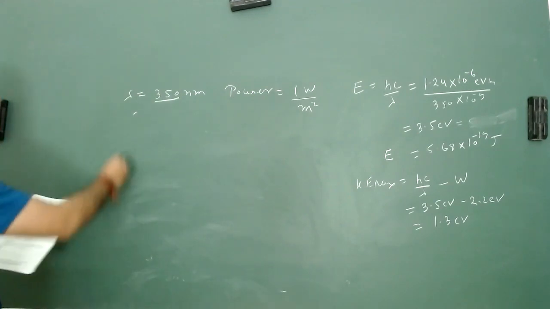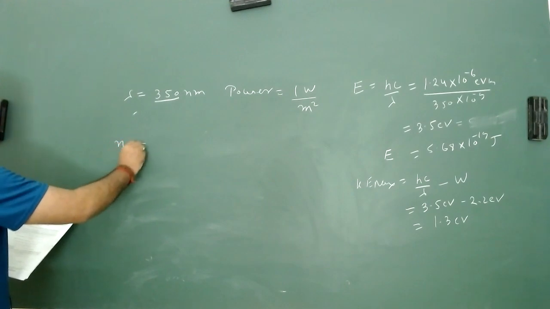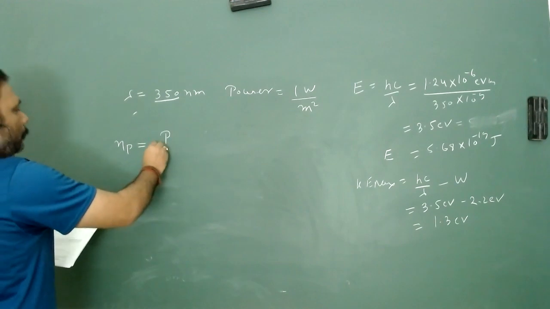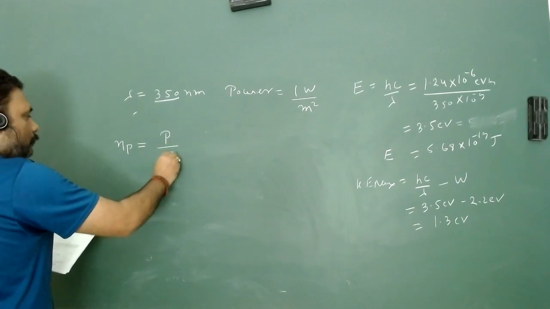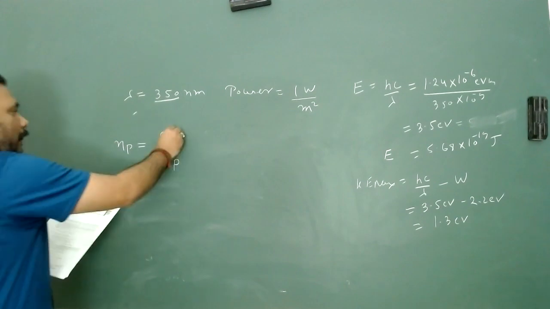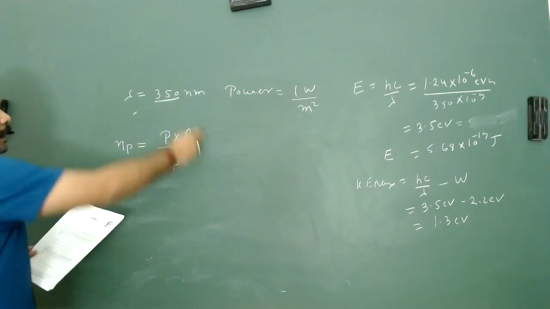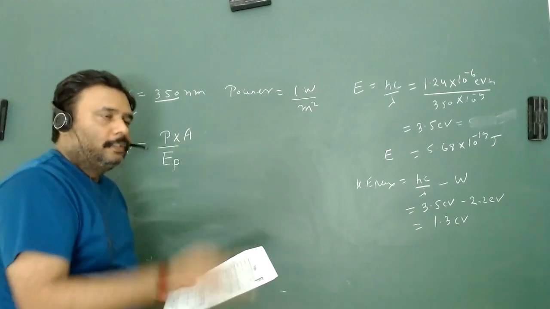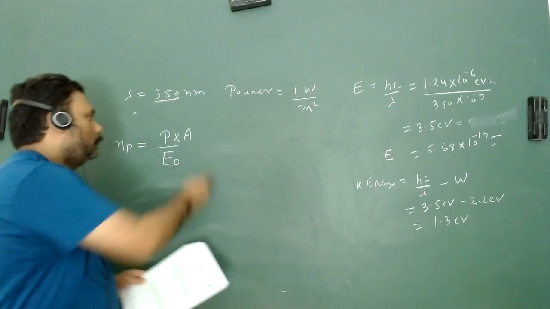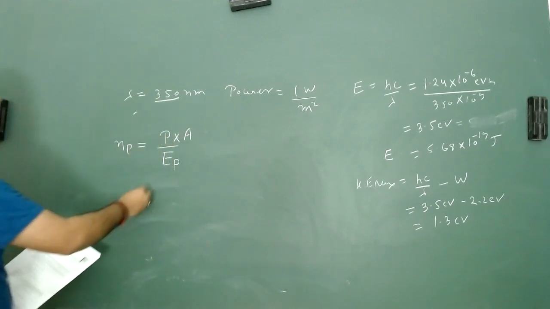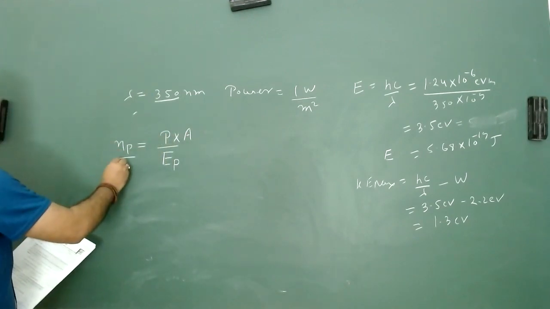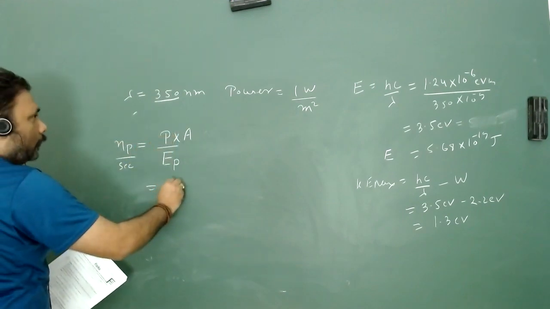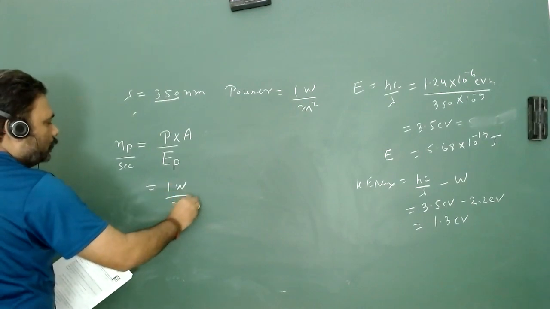So what will be the number of photons? The number of photons will be power divided by the energy of a single photon, into the area from where the photoelectrons are coming out. This is the number per unit time, so per second actually. Power is given as 1 watt per meter square.